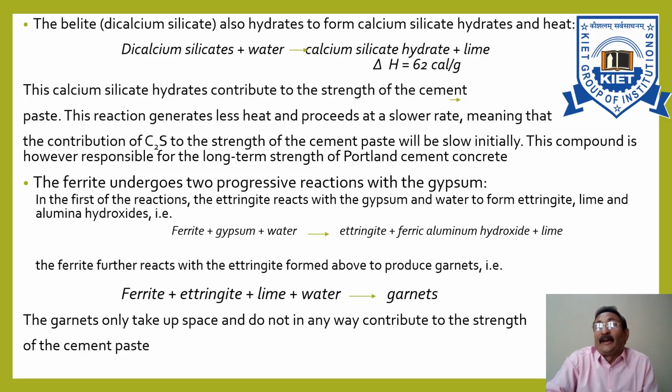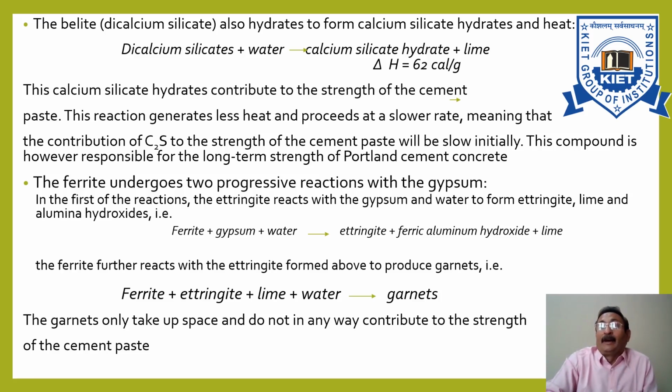This reaction generates less heat and proceeds at a slower rate compared to the others. It means the contribution of dicalcium silicate to the strength of cement paste will be slow in early stages, but this compound is responsible for the long-term strength of Portland cement concrete.